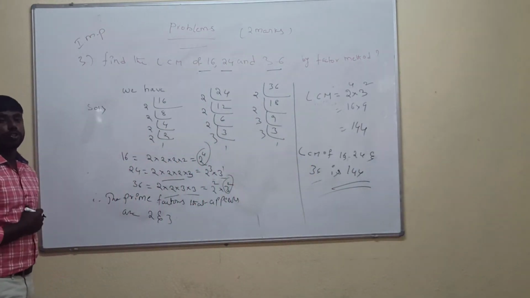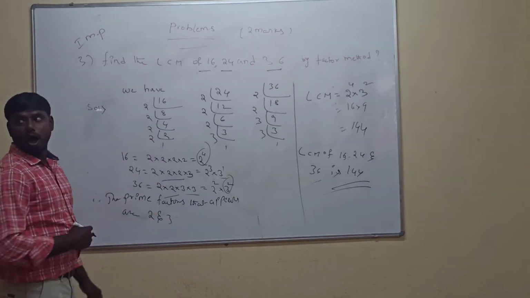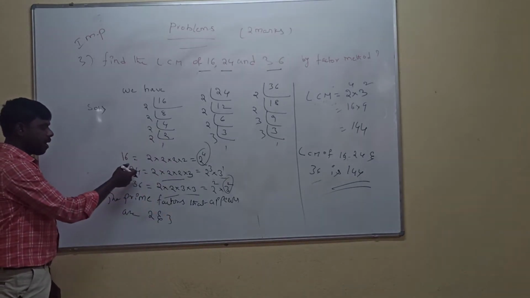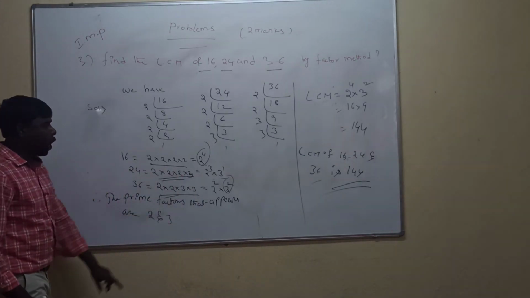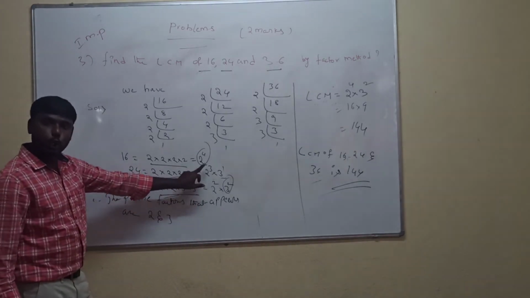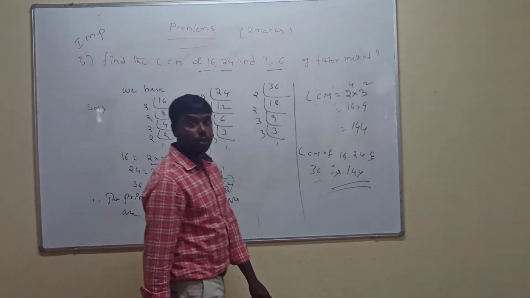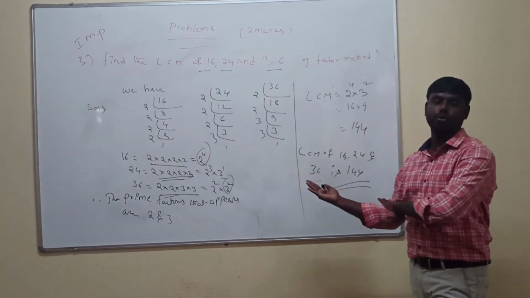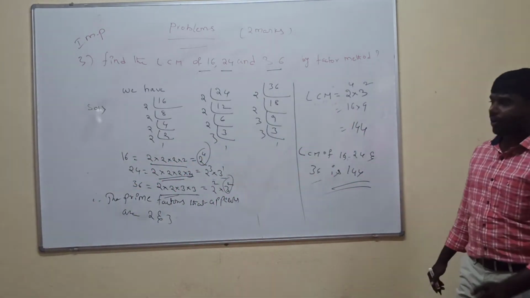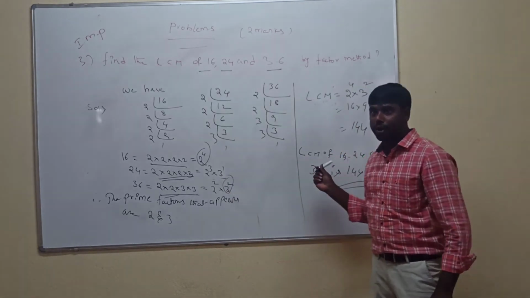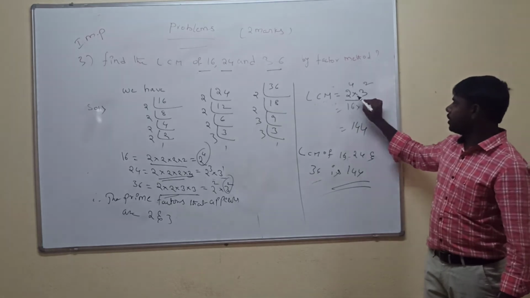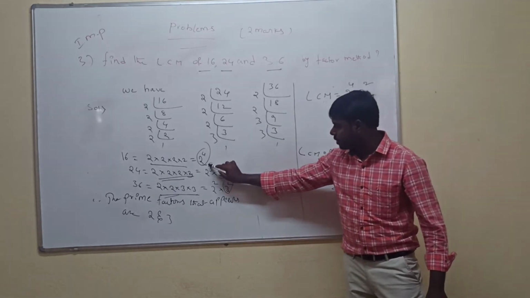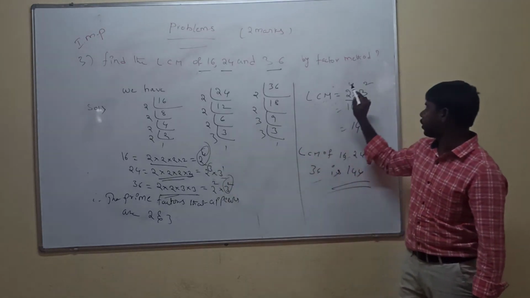Each number should use the division method. After that, we write each number expressed as prime factors. Here only 2 and 3 appear, so the LCM is the product of the highest power of all the factors. The highest power of 2 is 4, so I take 2 to the power of 4.